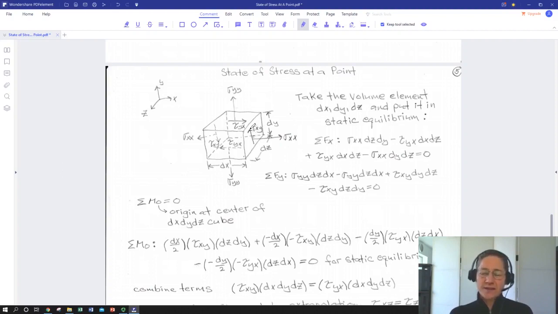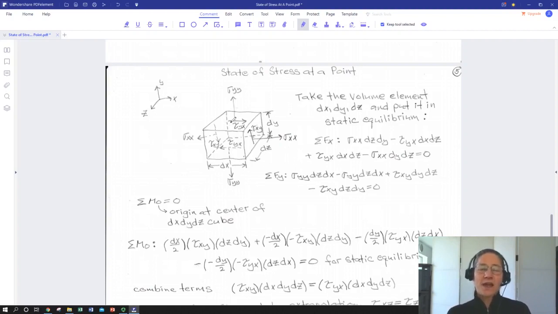I've defined stresses, but for static equilibrium I need forces. So I'm going to use the definition that stress equals force divided by the area over which it's applied, and I'm going to use the dimensions of my little cube. It may not be a cube because dx, dy, dz may not be exactly the same, but I'll define those face areas. So for the sum of the forces in x, I'm going to take sigma xx and multiply it by the area of the x face, which is dz times dy.